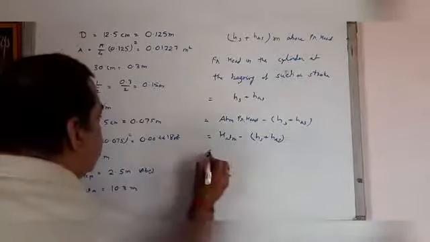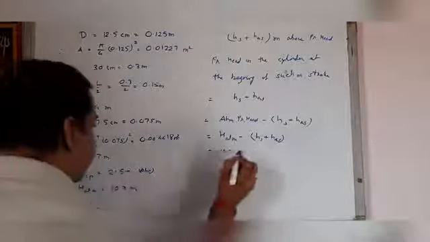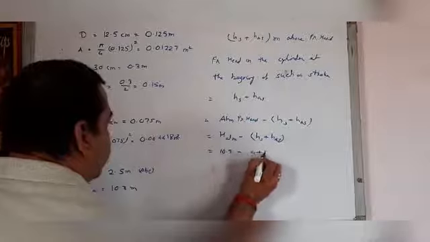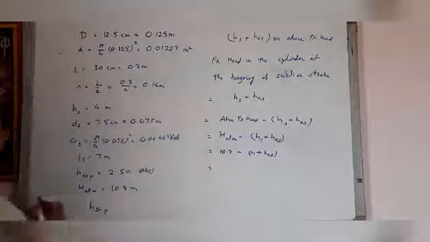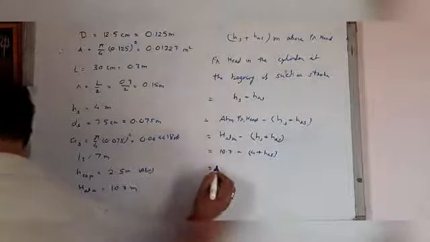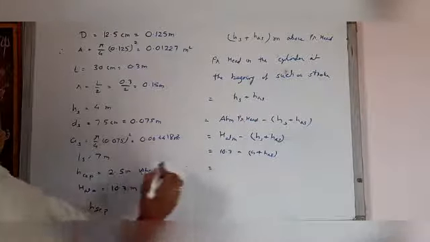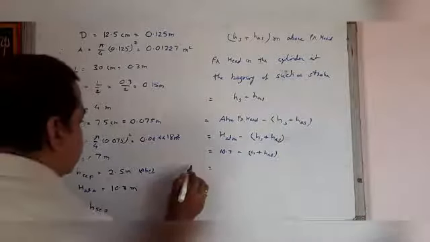This is given as 10.3 minus HS, which is 4, plus HAS. So this can be H separation.